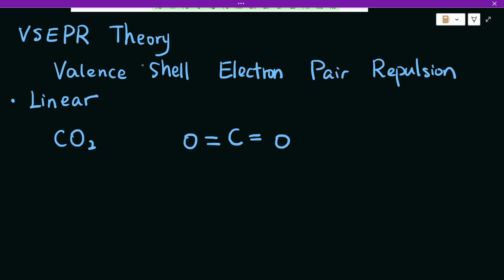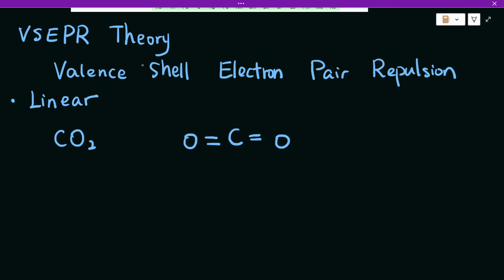And this VSEPR theory tells us that for lone pairs and bonding electrons, they will arrange in a way that minimizes repulsion from one another. So the electron pairs take up positions as far from one another as possible.